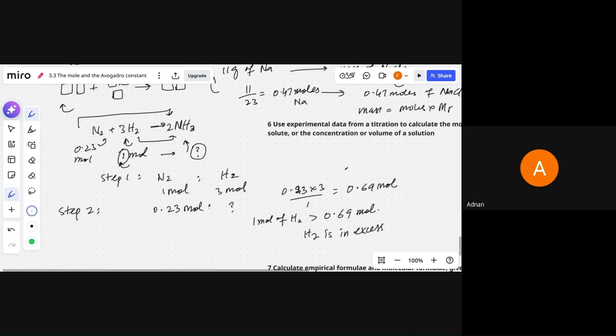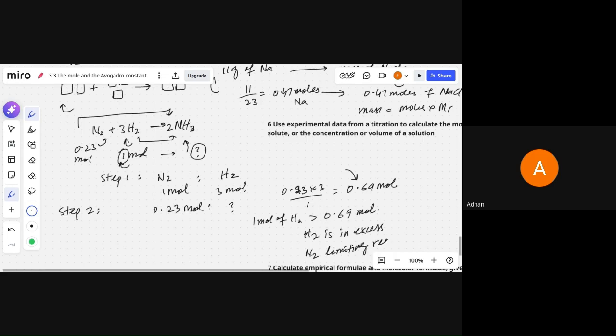If it were less than 0.69, let's say 0.5 or 0.4 or 0.3, then hydrogen would have been the limiting reactant. But since it is higher, hydrogen is an excess reactant, and nitrogen in this case is our limiting reactant.